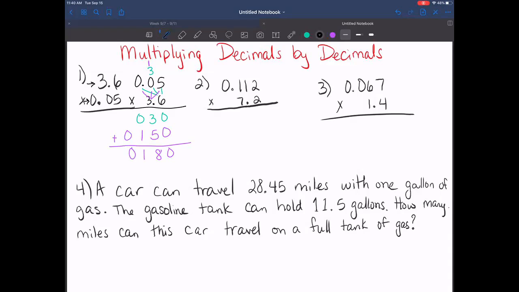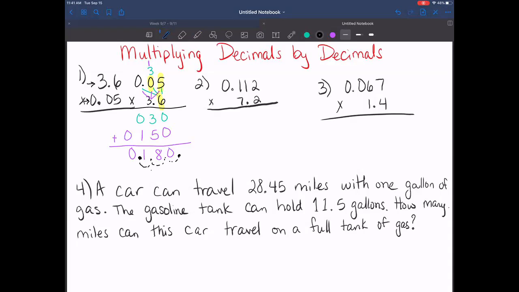Now when I put in my decimal point, let me count. I have 1, 2, 3. I have 3 numbers behind a decimal in the whole problem. So I'm going to start off back here and I'm going to go 1, 2, 3.